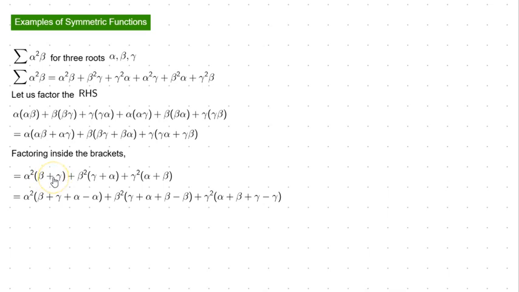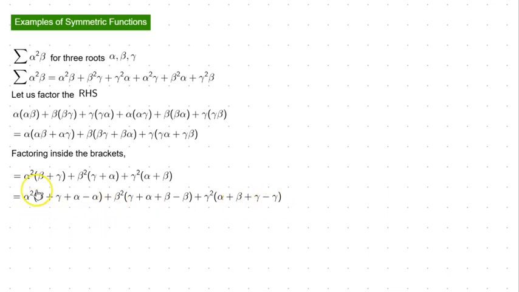Just beta plus gamma we don't know. So let's add alpha, which means we have to also subtract. So we have beta plus gamma plus alpha minus alpha. Similarly here, gamma and alpha is there, beta is not there. So let's add and subtract beta. Similarly here, we don't have gamma. So let's add and subtract gamma.